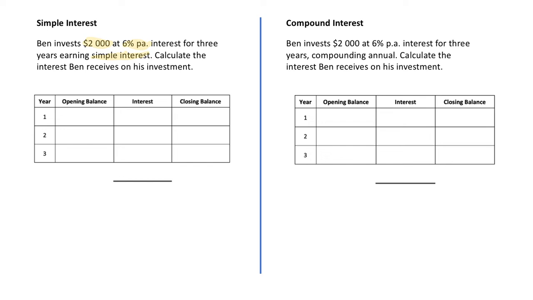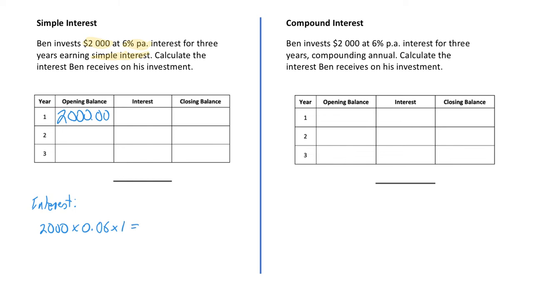If it was simple interest, Ben's starting amount is going to be $2,000. Now each year he's going to earn interest based on that $2,000. So we can calculate the interest down below, and that is going to be $2,000 times 0.06 times 1, because we want to do a year at a time.